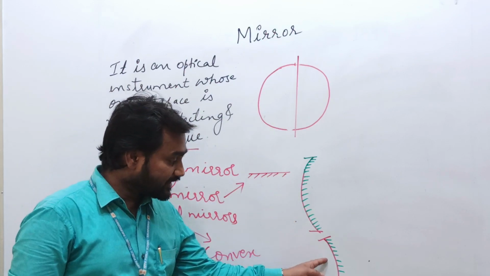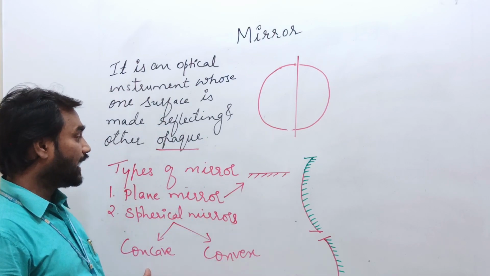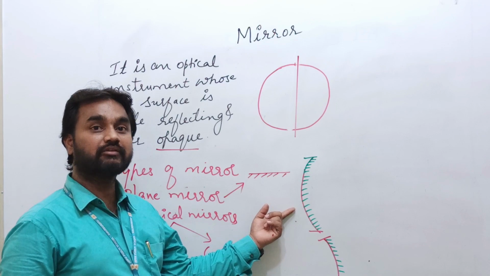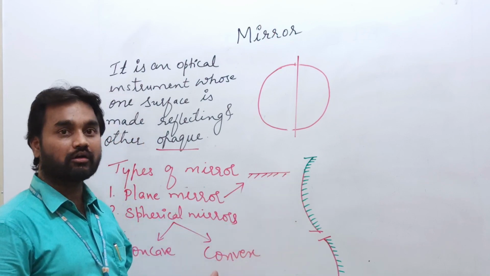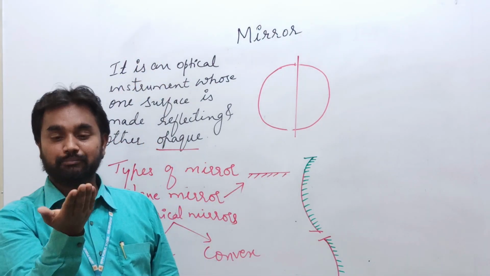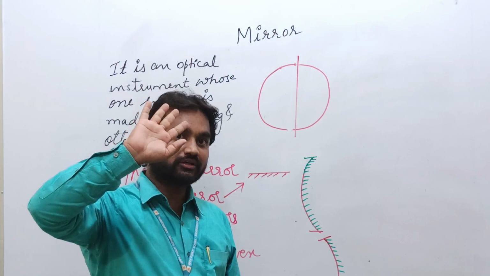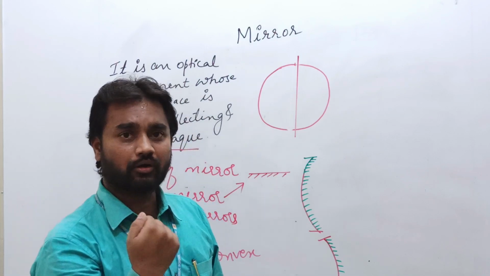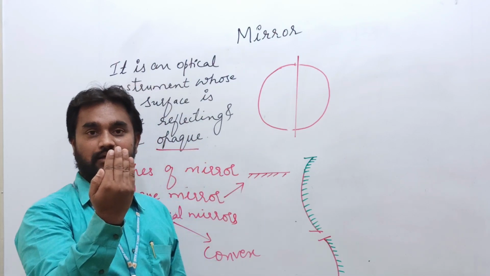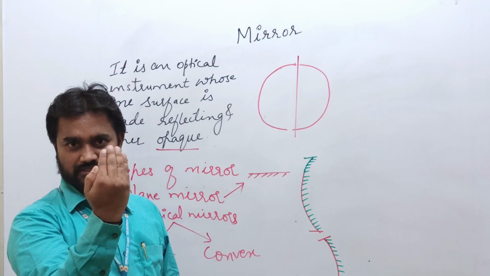So the reflecting surface which is curved inwards, we call a concave mirror, and the reflecting surface which is curved outwards is called a convex mirror. A simple example is your palm. Hold the palm facing towards you and make a slight curve.